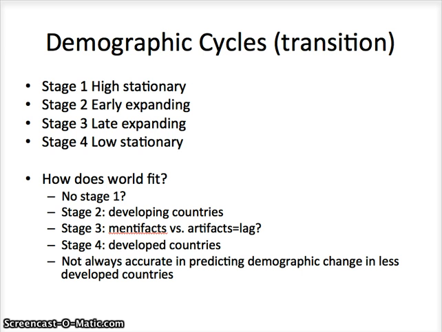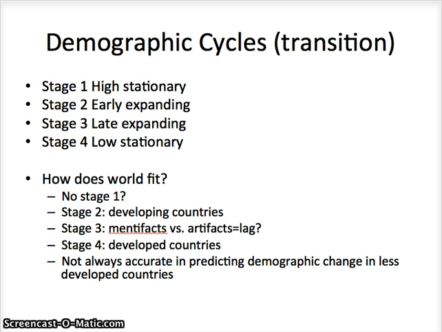So how does this fit into the world? Well, most people would say that all countries have moved through at least stage one, because of some introduction to healthcare and education, although it may not necessarily be the greatest.